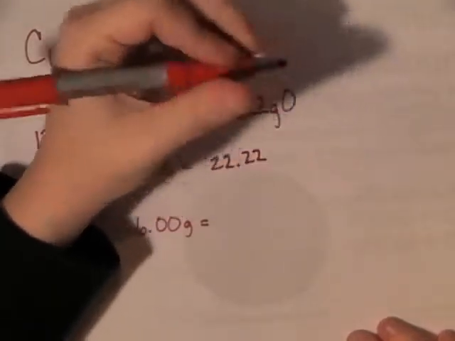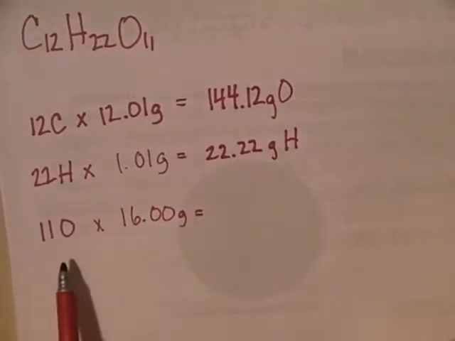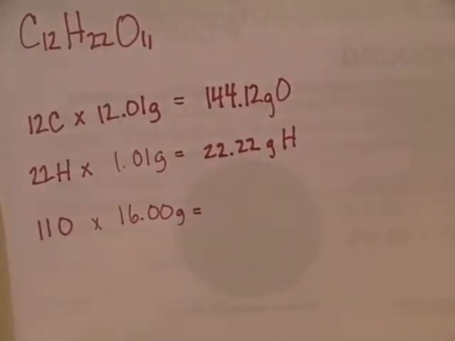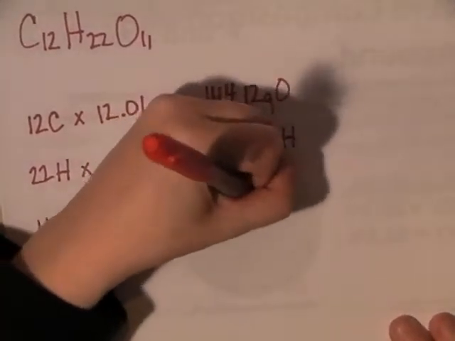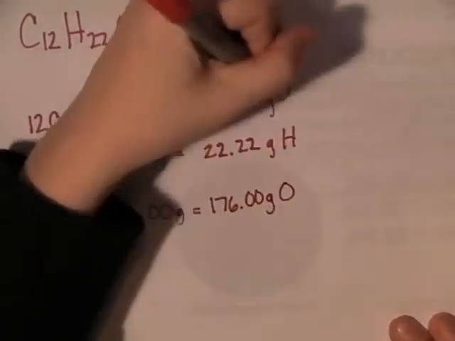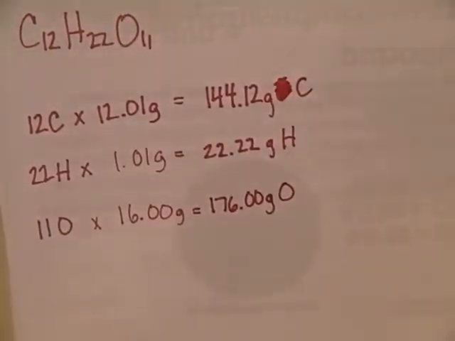It's 22.22 grams of hydrogen. I'm just checking it. Yeah, I'm right there. And then 11, this is not 110, right? It's 11 oxygen. 11 times 16. You get 176.00 grams of oxygen. Oops. Hopefully you all caught my mistake. That's carbon, not oxygen. I'm not there to hear you yelling at me that I made a mistake. But I caught it myself, so hopefully you're proud of me.